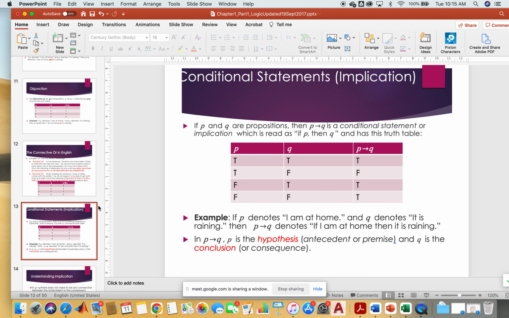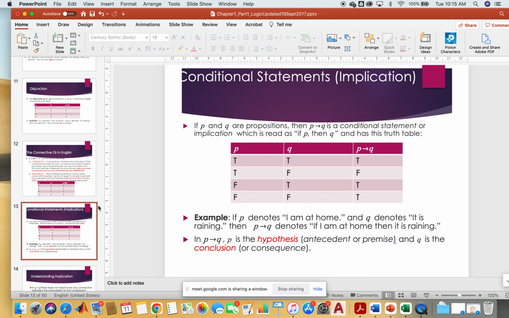This one, if you notice, if P then Q is true, but if Q then P is false. That's why here, false. So for the biconditional to be true, these two must be true. Can you see? That sentence.